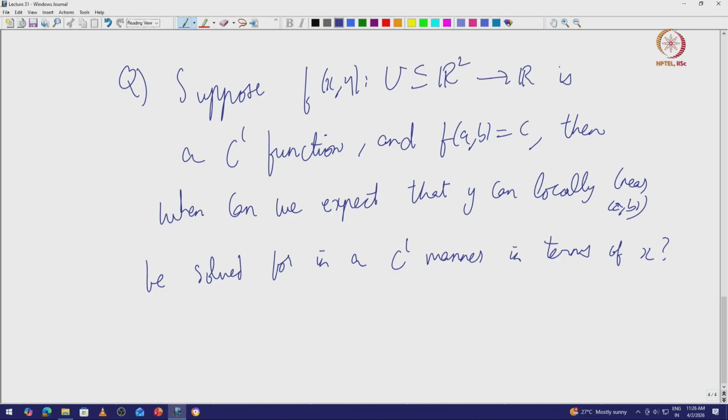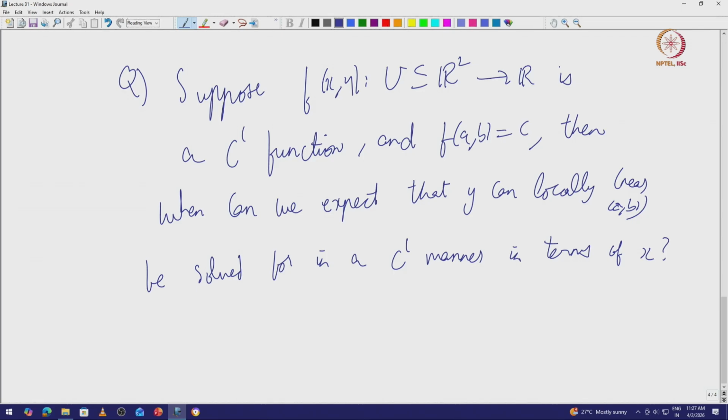So the question is, when can you actually solve for y in terms of x given f of x comma y is c and f of a comma b is c for some a and b, meaning near this point a comma b, can we hope that we can solve f of x comma y equals c and obtain y as a C1 function of x. Okay. This is a reasonable question to ask at least.